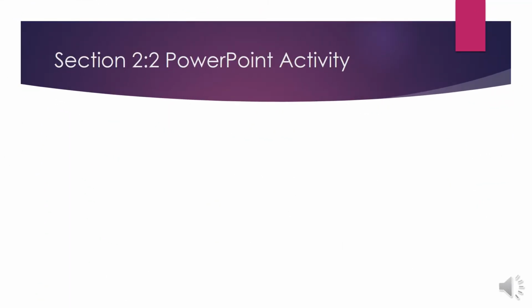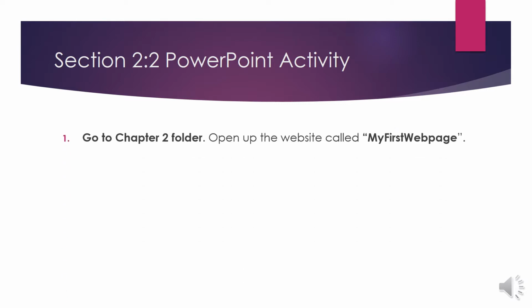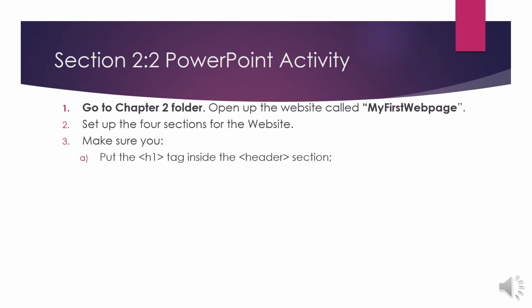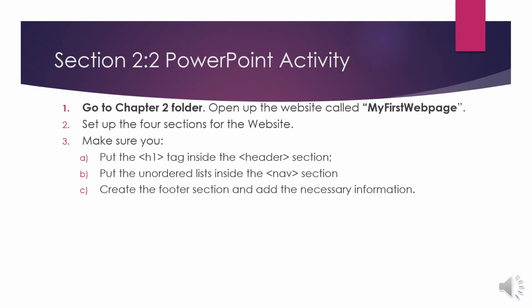You have just finished section 2-2. Now it's time to continue on with your PowerPoint activity. Go to your Chapter 2 folder, open up the website called My First Web Page. Set up the 4 sections for the website. Make sure you put the H1 tag inside the header section. Put the unordered list inside the nav section. Create the footer section and add the necessary information.